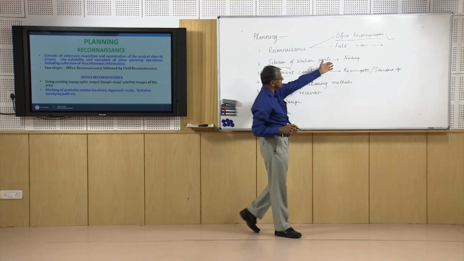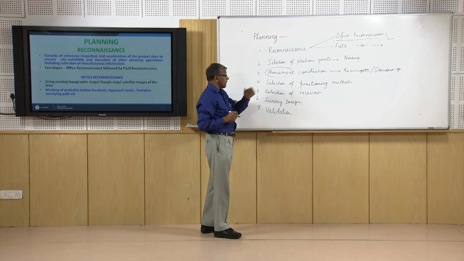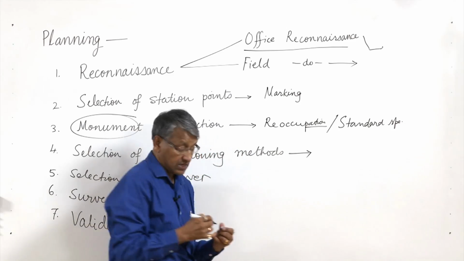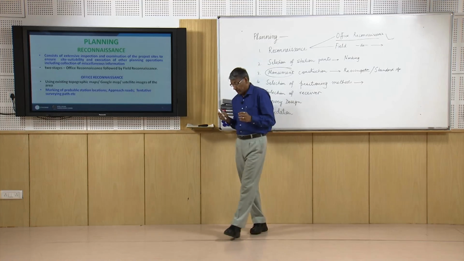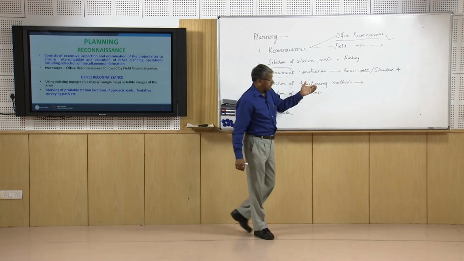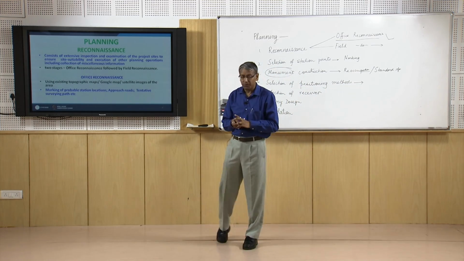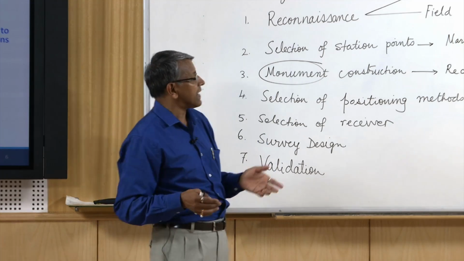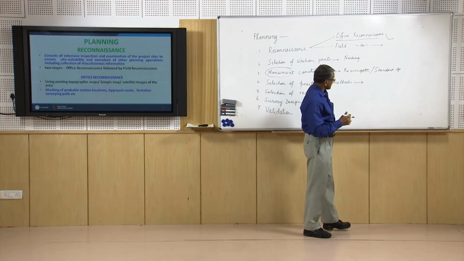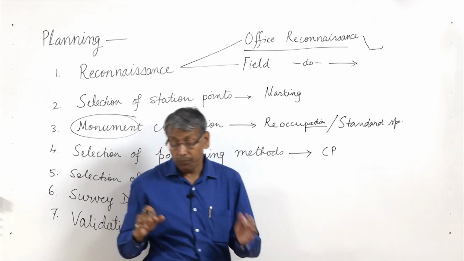So once the stations are available, we should go for selection of positioning methods. Actually, the methods to be followed during GPS surveying depend upon the nature of the project, the accuracy requirement, and the purpose.